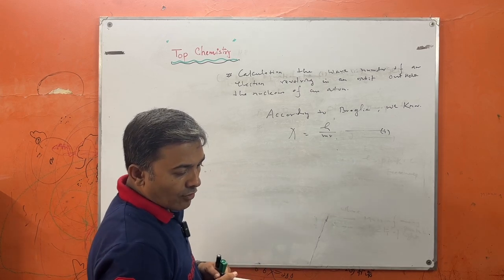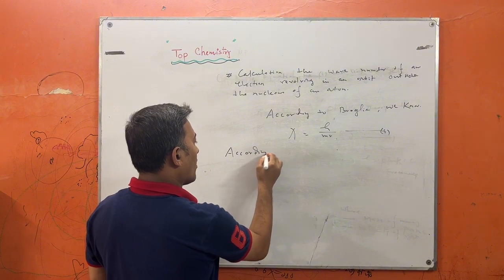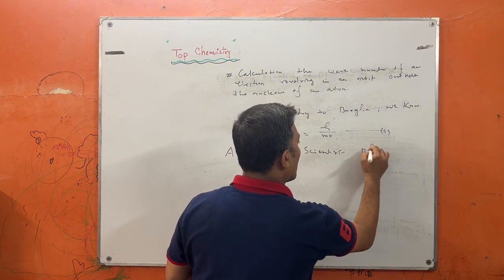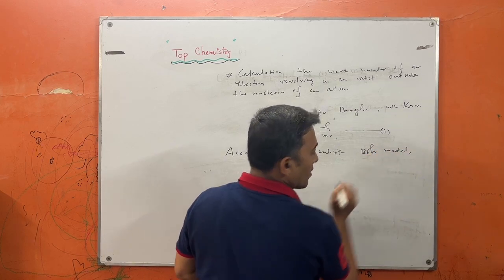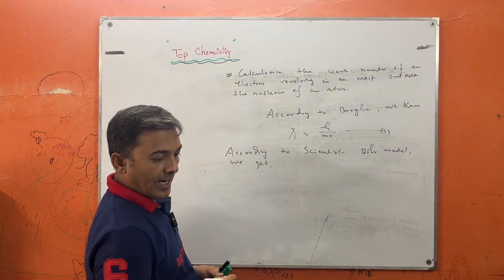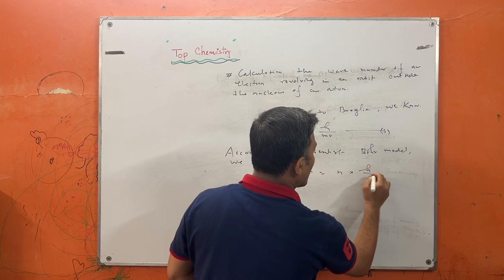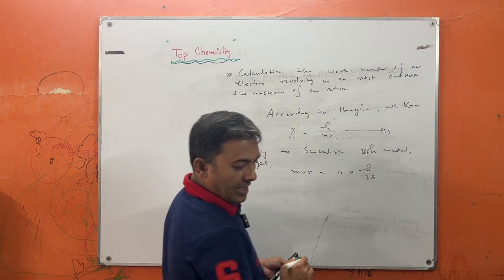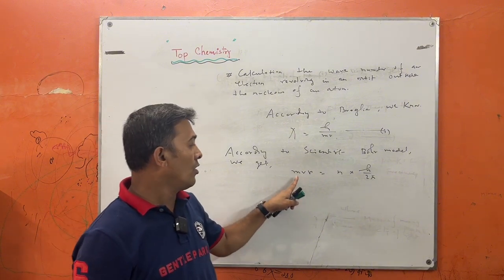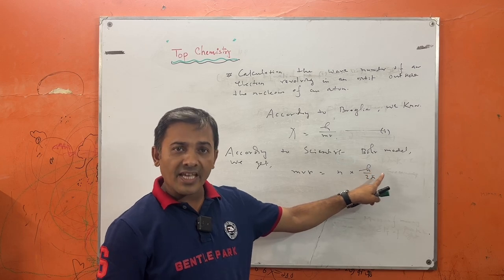According to the Bohr model, we get mvr equal to n into h by 2 pi. Dear students, we know angular momentum mvr equal to n into h by 2 pi.